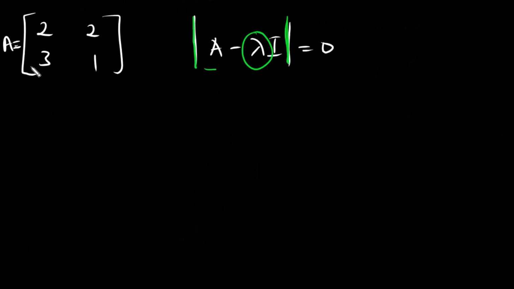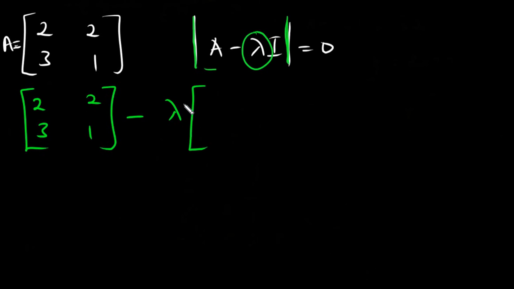So we have matrix A as 2, 2, 3, 1. We subtract lambda times the identity matrix, which for a 2x2 matrix is 1, 1, 0, 0. And then the determinant of the whole of this should be 0. So let's multiply lambda by the identity matrix.